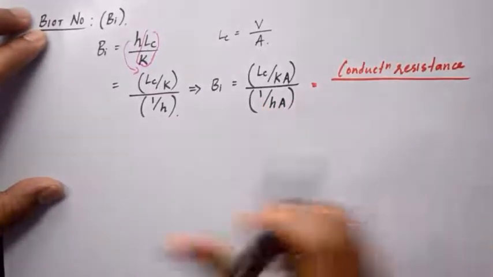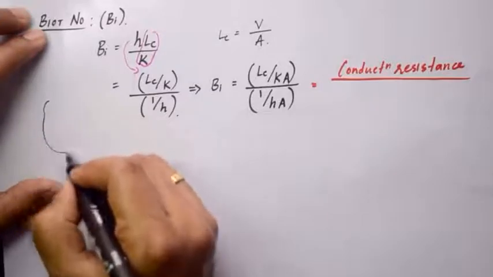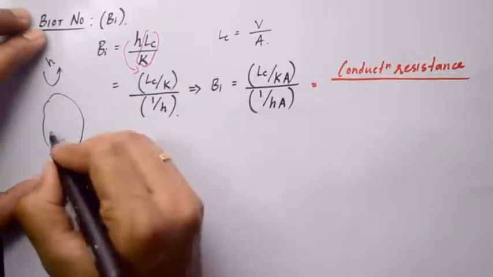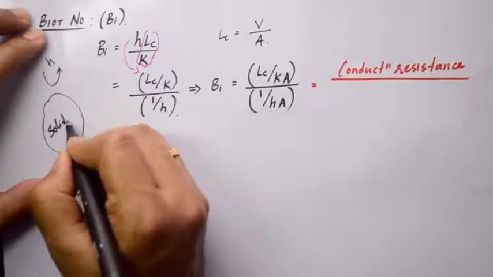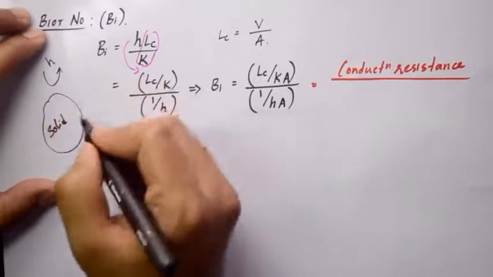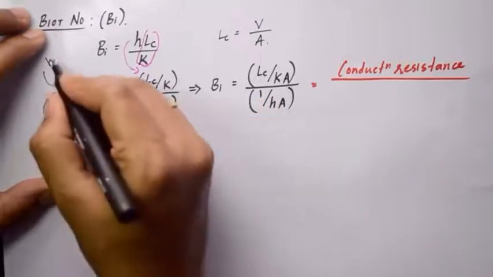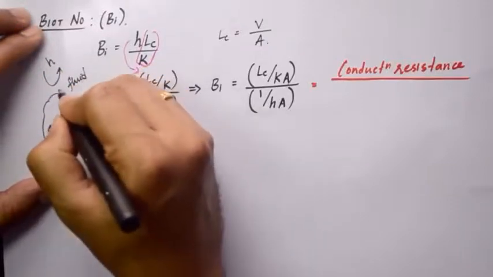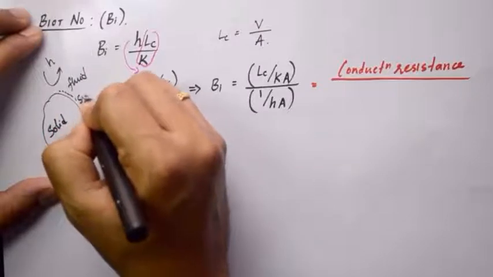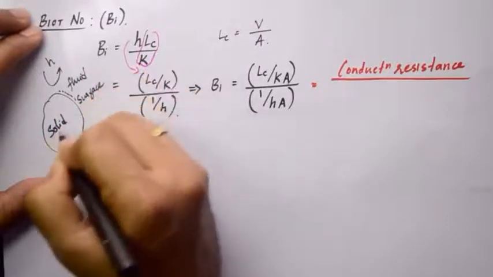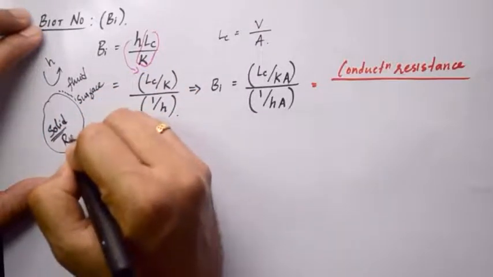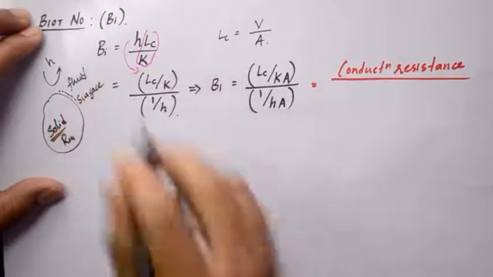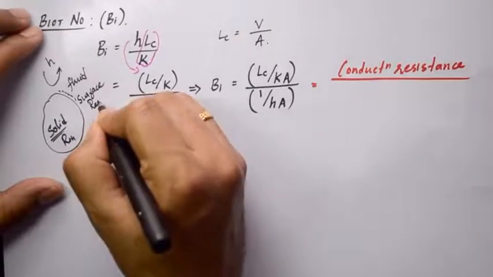So if you consider a solid and assume that the solid is exposed to a surrounding of h, heat is transferred from solid to fluid or fluid to solid, whatever it may be. The fluid is coming in contact with the solid at the surface. So the resistance offered within the solid, we call it the conduction resistance, and the resistance offered by the fluid, we call it the surface resistance.